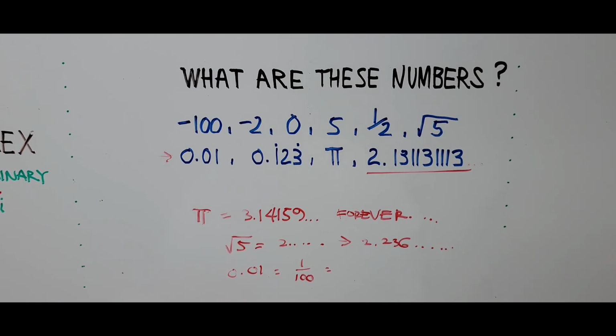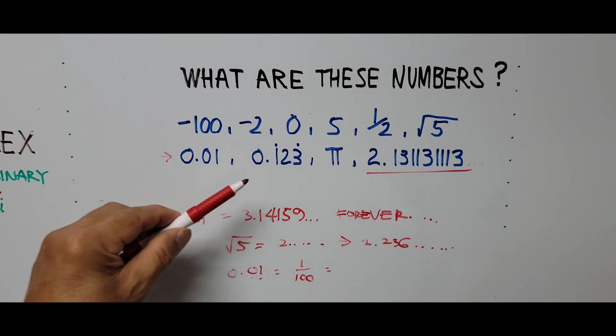If you take a look at the two decimal places, 0 and 1, you can express it as 1 over 100.